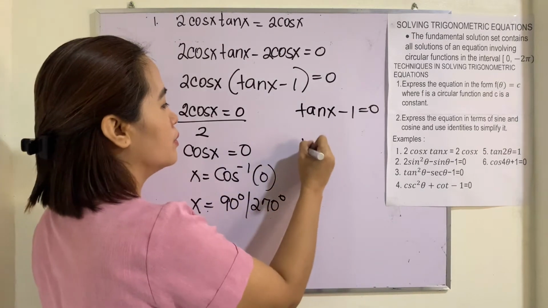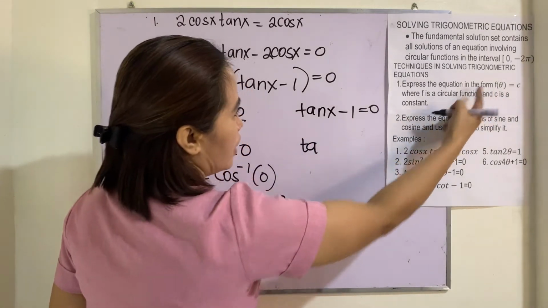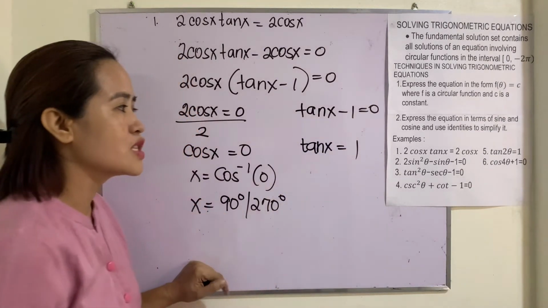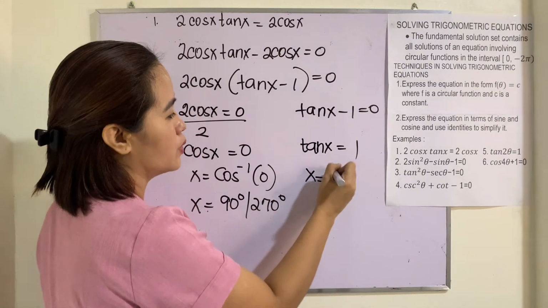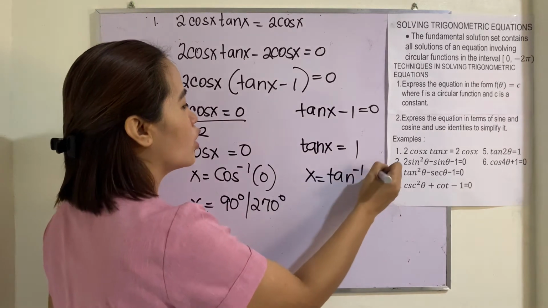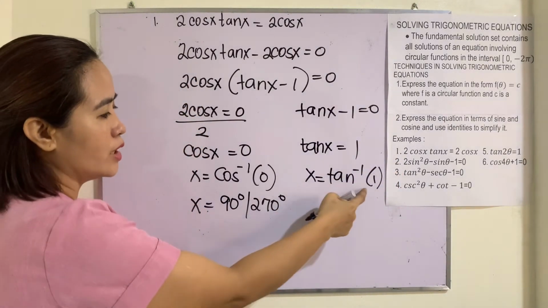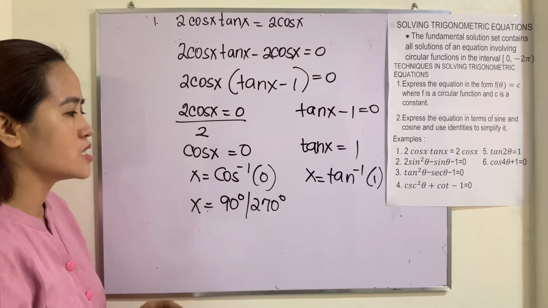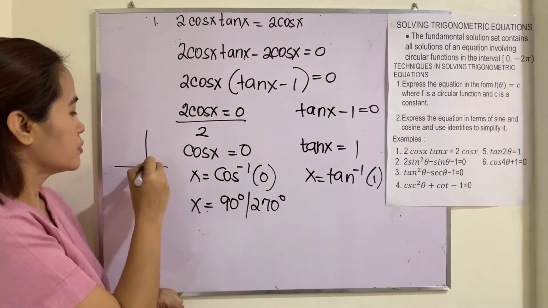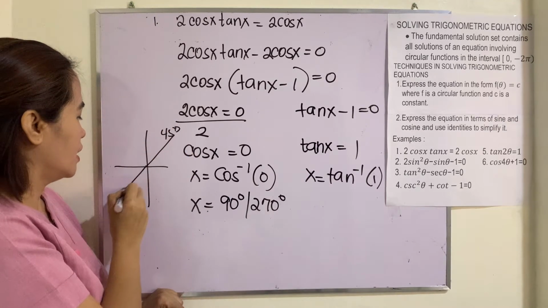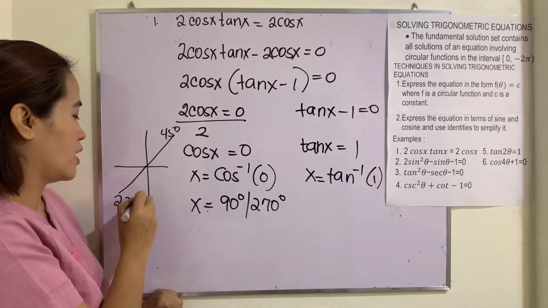What about here? We have f of theta equals c, that is tangent of x is equal to 1. We transpose it and then we get arctangent of 1. And arctangent of 1 is positive, so it is where? In the first quadrant, 45 degrees, and in the third quadrant, 225 degrees.